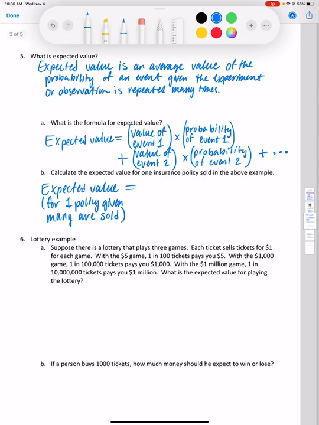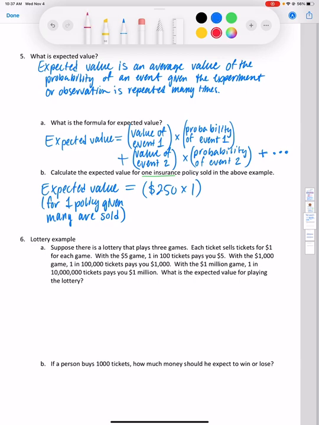Okay. So for our renter's insurance, from our perspective, we will get $250 for every insurance policy. So our positive income will be $250 times one insurance policy. Okay, so the value of the insurance policy is $250.